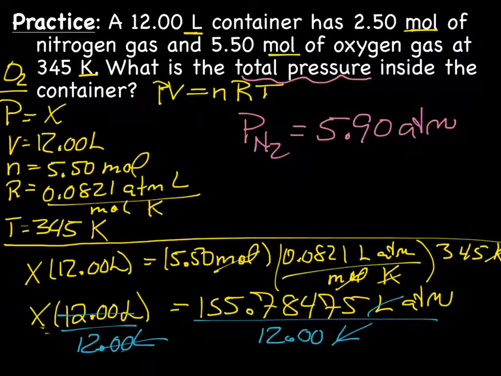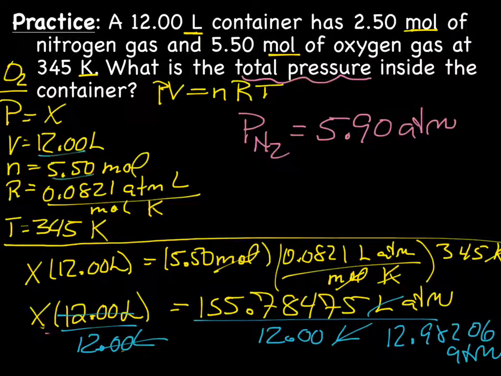And that gives us a pressure of 12.98206 something something atm. And let's go back and look at sig figs. We have 4 and 3 and 3, so 3 sig figs. So the partial pressure of oxygen is 13.0 atm.